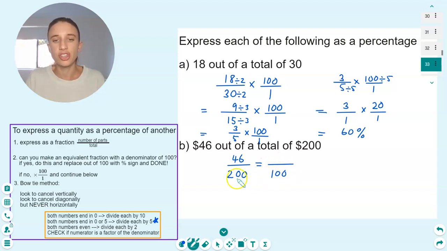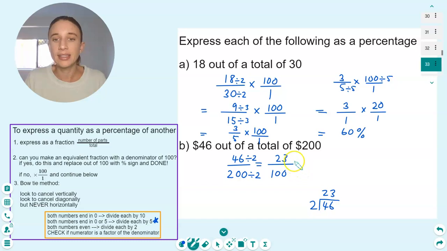So let's look at the relationship between the denominators. We can actually turn this 200 into 100 by dividing by 2. And what we do to the denominator, we must do to the numerator. So this is going to be a really quick question. 46 divided by 2, well, my brain isn't working at the moment, so I'm just going to do a little division. 2 times 2 is 4, 2 times 3 is 6. 23 out of 100.